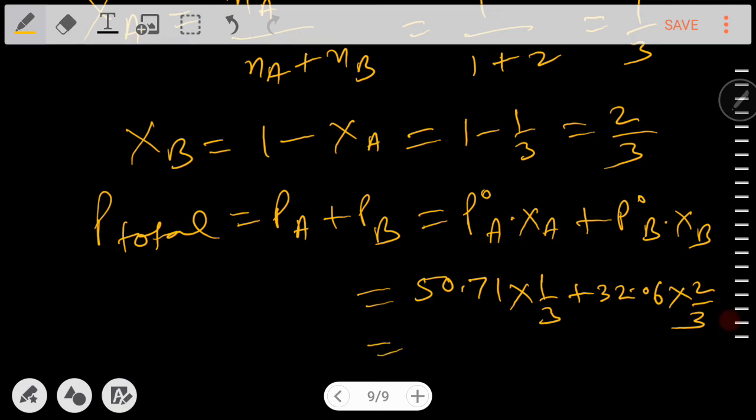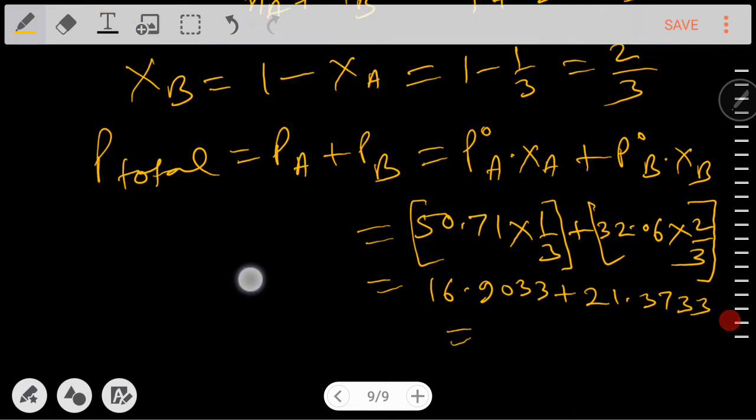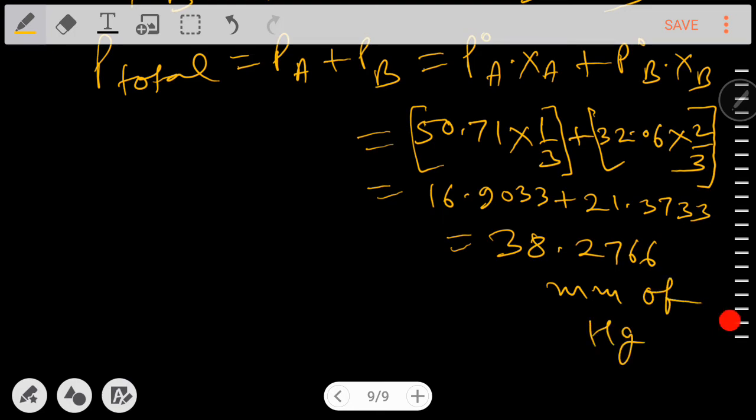So on solving this, you are getting 16.9033, and this on solving you will get 21.3733. So you will get P total as 38.2766 millimeter of Hg. This is your first answer.